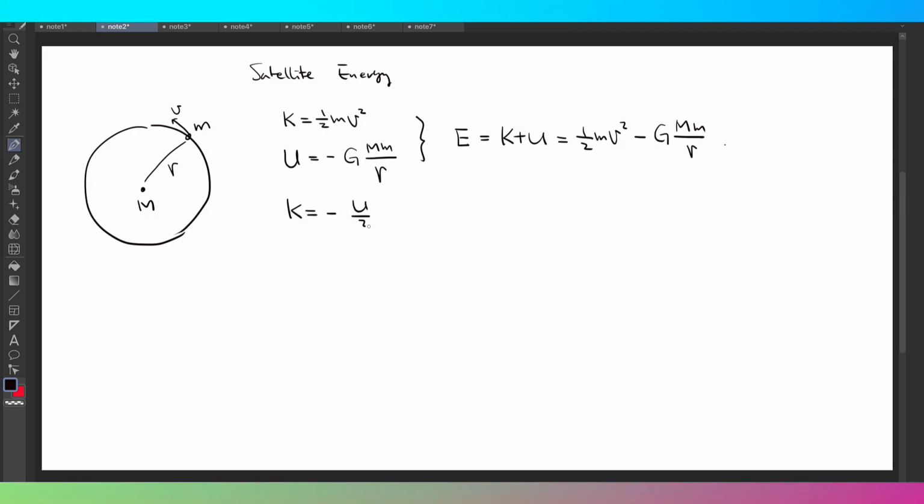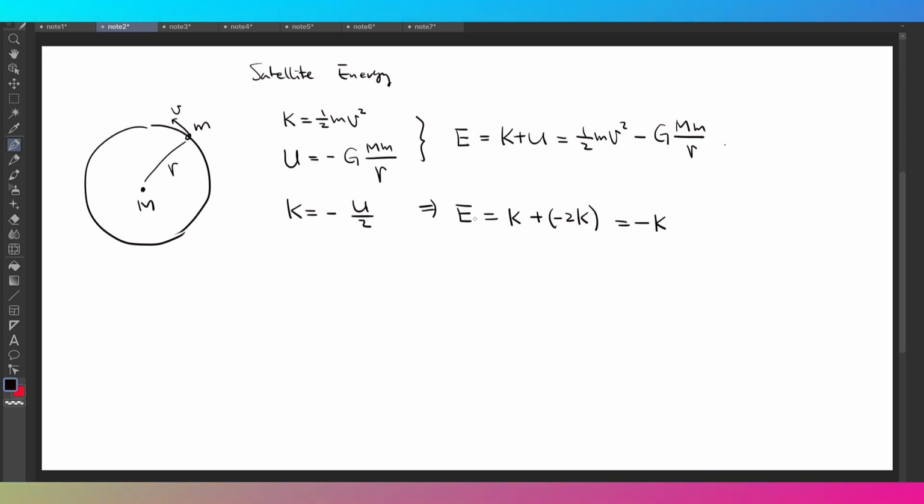K is negative U over 2. Okay? So that's why I can rewrite this total energy E in terms of, let's say, K. I want to get rid of U here. Then I would say U is negative 2K, right? So I get negative K here.